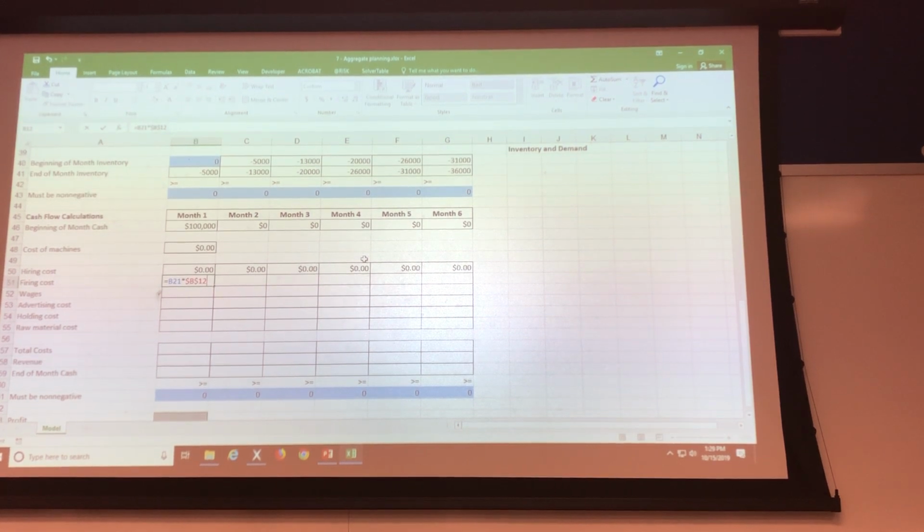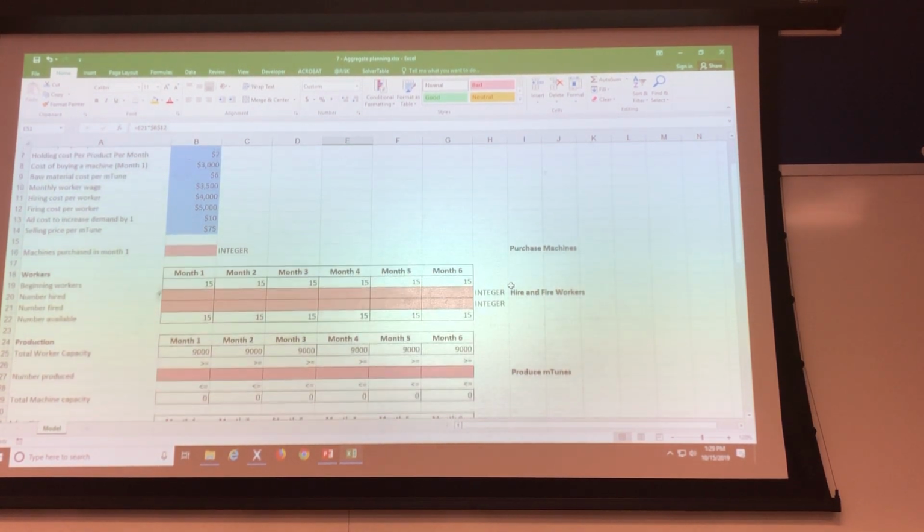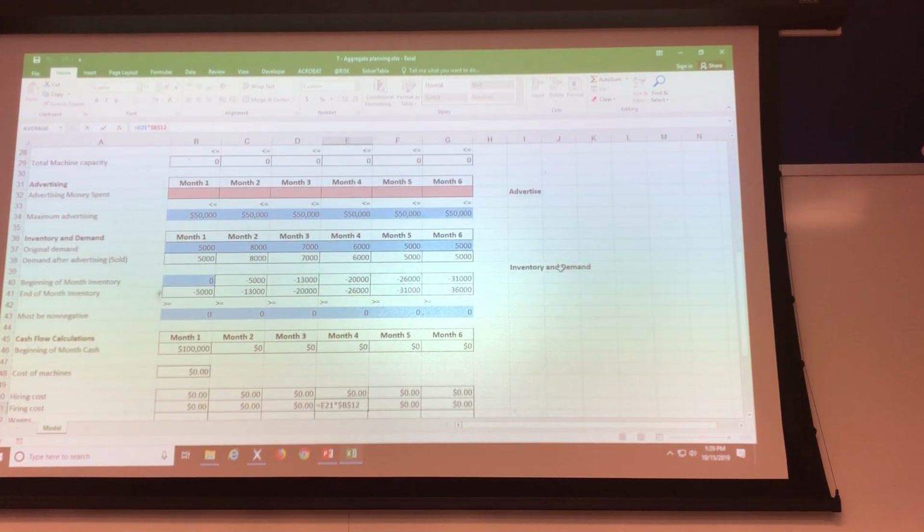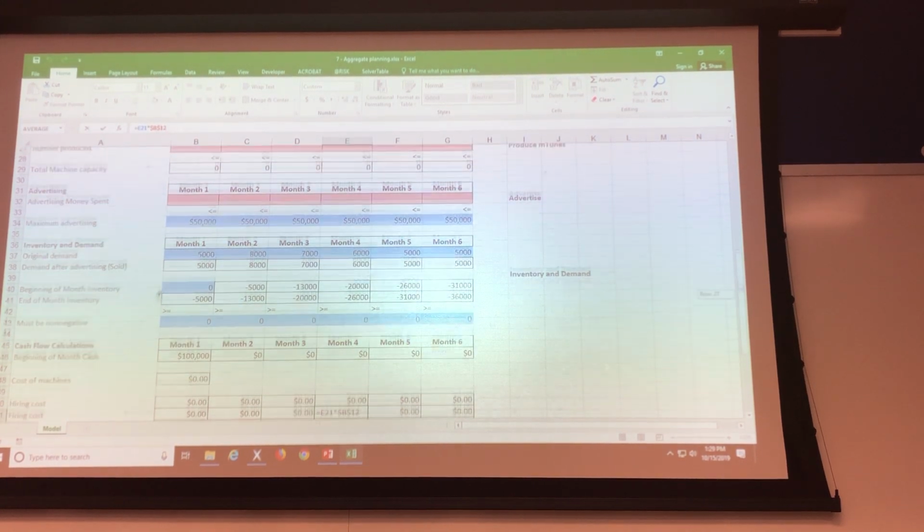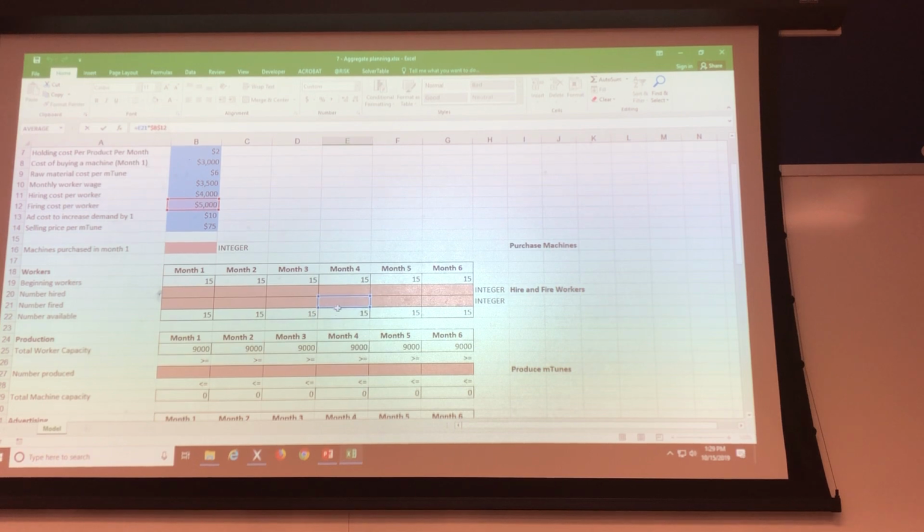How many did you fire? How much does it cost to fire them? Copy that over. Move to month 4, look up here and see. Month 4 fires times the firing cost, everything worked.